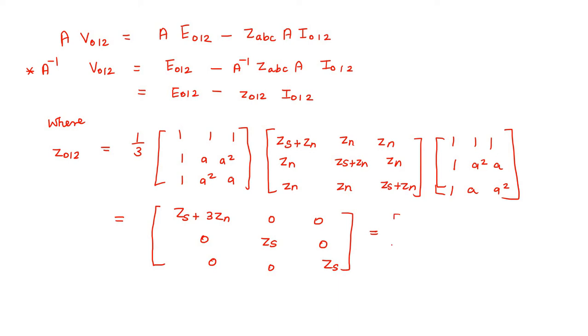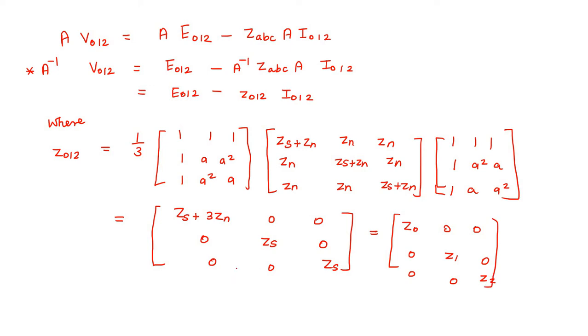That is equal to, this is the zero sequence impedance, 0 0 0, and here Z1 0 0 0 Z2.